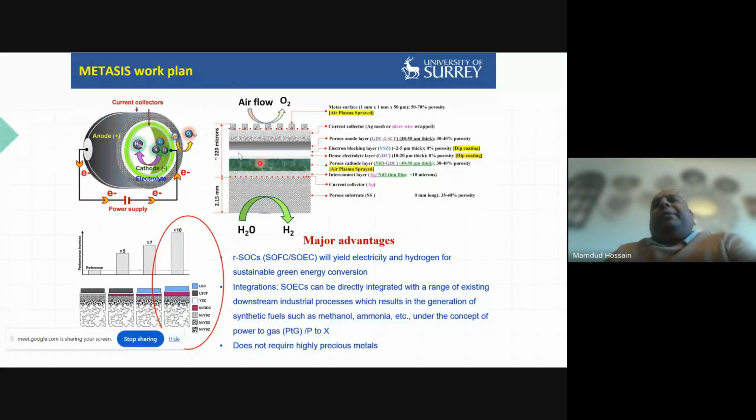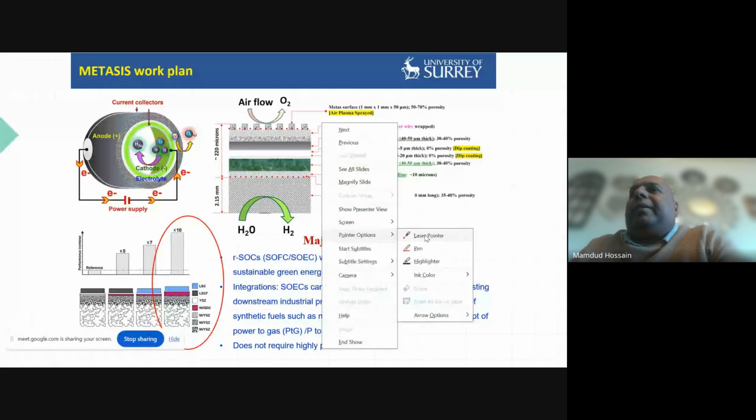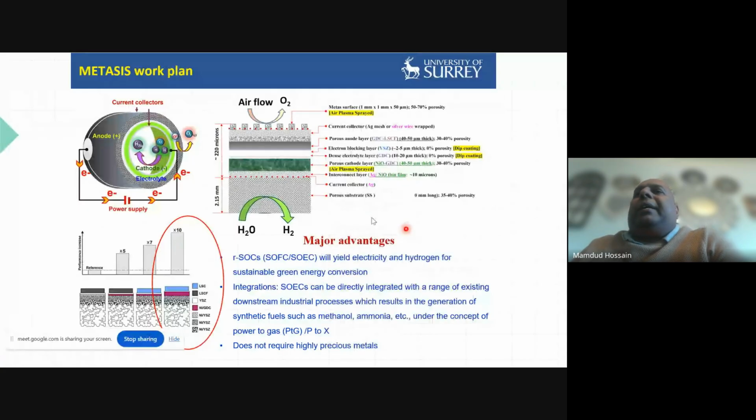So what we have introduced is a support tube. We call it porous substrate made of stainless steel, and on top of that stainless steel, then we put a layer of cathode, electrolyte, anode. In that cathode section, we are putting two different types of metal: nickel oxide YSZ and nickel oxide GDC.